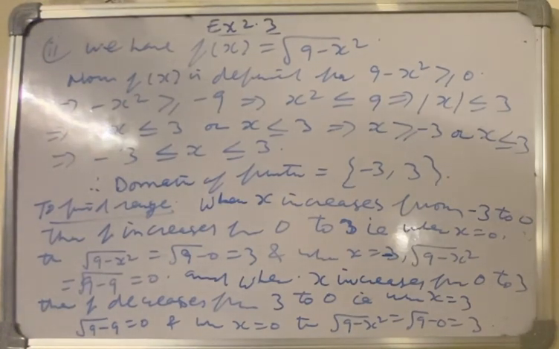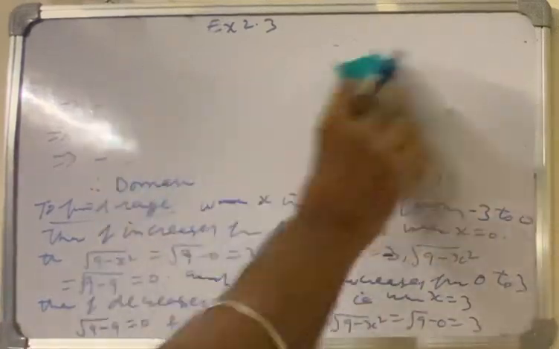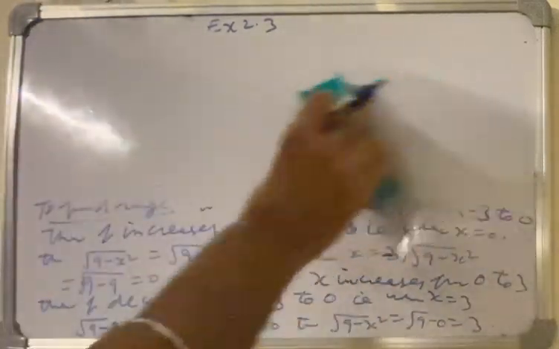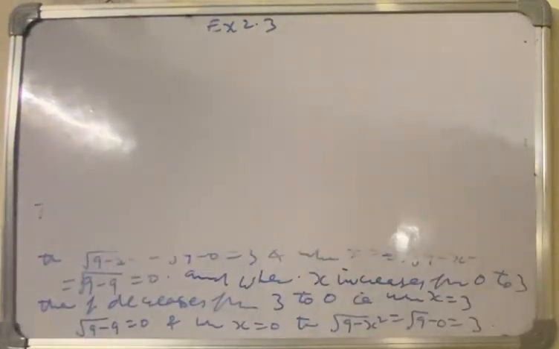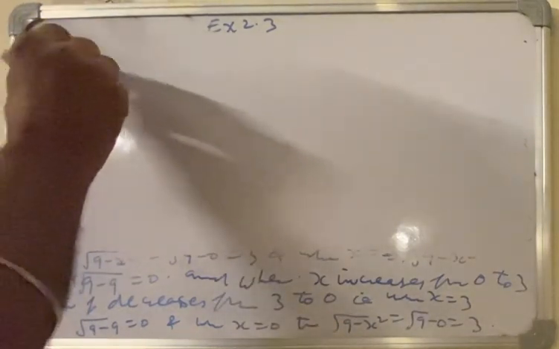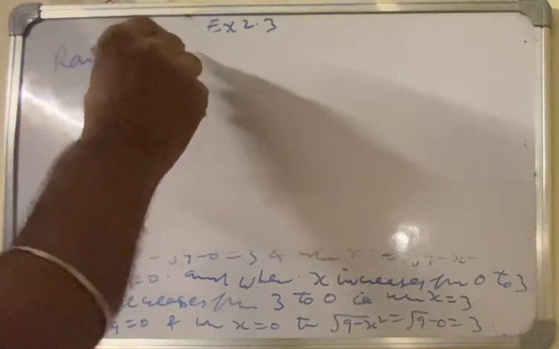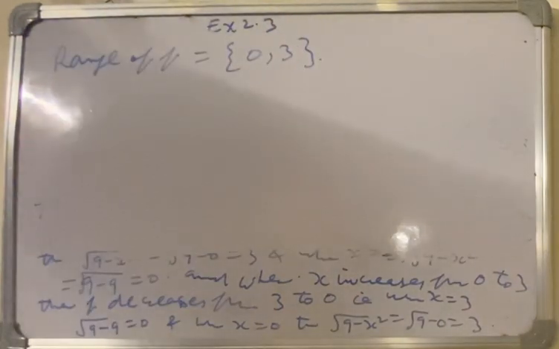Therefore, the range of the function: first it increases from 0 to 3, then it decreases from 3 to 0. So the range of the function is [0, 3]. That's all.